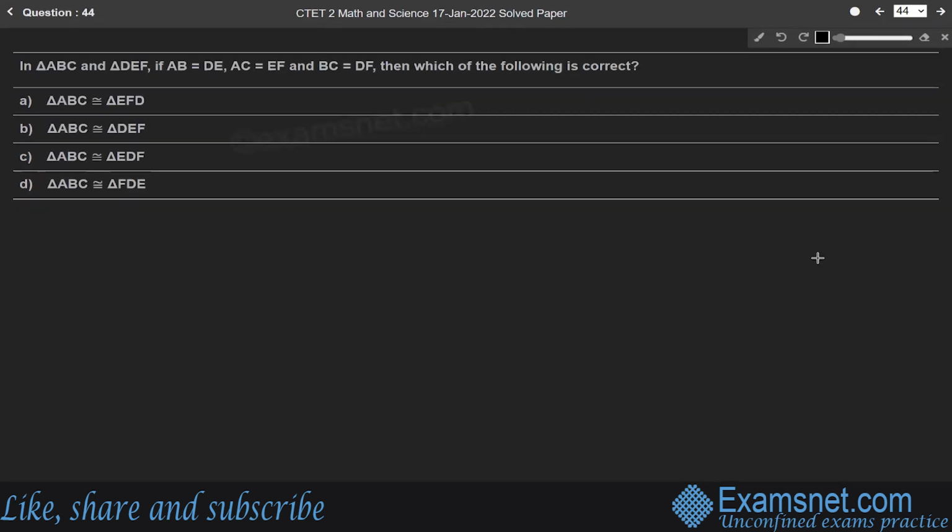Question 44. In triangle ABC and triangle DEF, if AB is equal to DE, AC is equal to EF, and BC is equal to DF, then which of the following is correct? Triangle ABC is congruent to. So in all 4 cases, triangle ABC is congruent to.